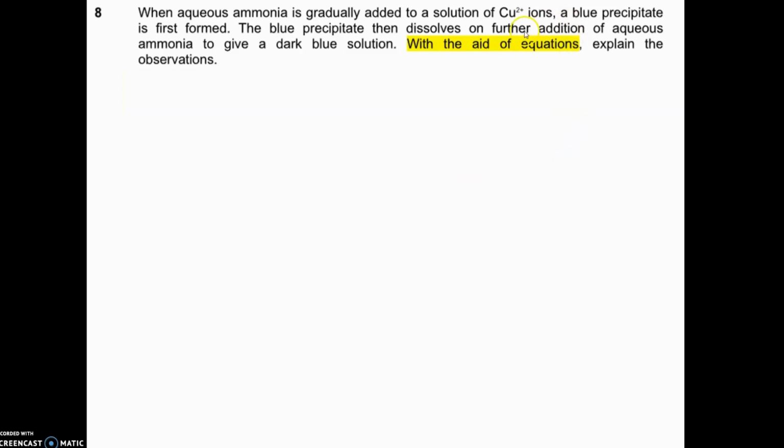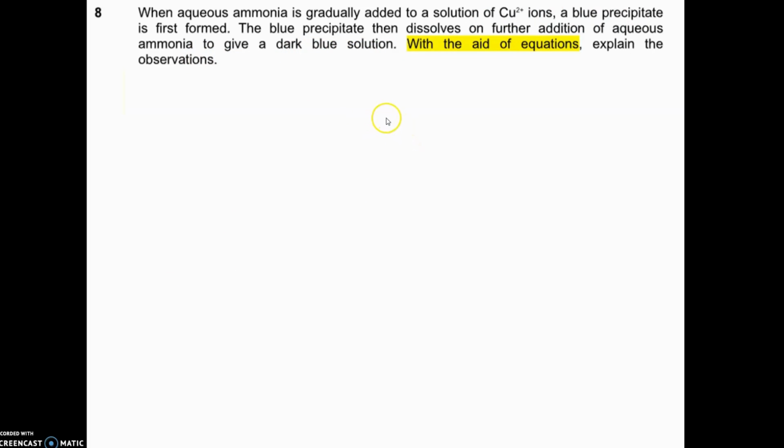So firstly, when we do cation tests in QA, be it by adding aqueous sodium hydroxide or by adding aqueous ammonia, the precipitates that we're looking out for are all metal hydroxides, which means that there are two reactions here. The first reaction is the formation of blue precipitate, which is copper(II) hydroxide. And secondly, the precipitate will dissolve in excess aqueous ammonia to give a dark blue solution.